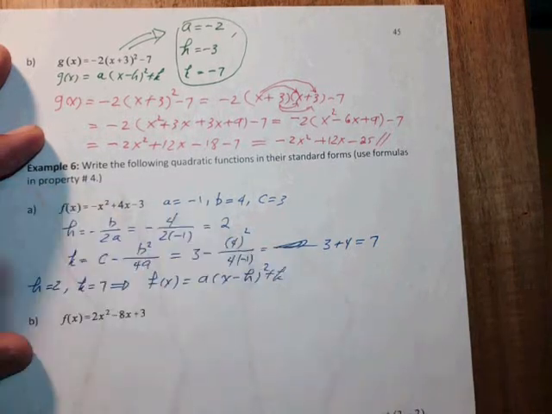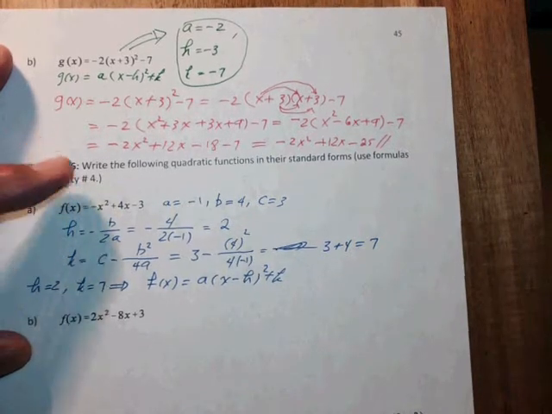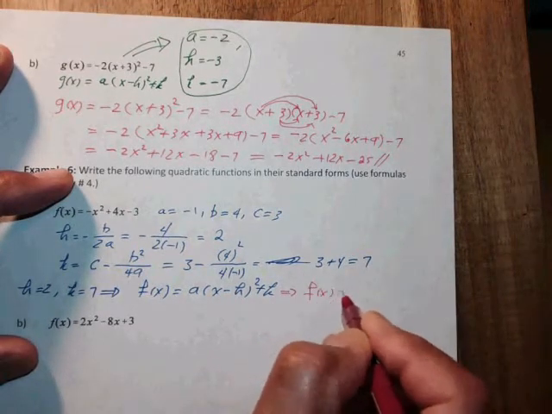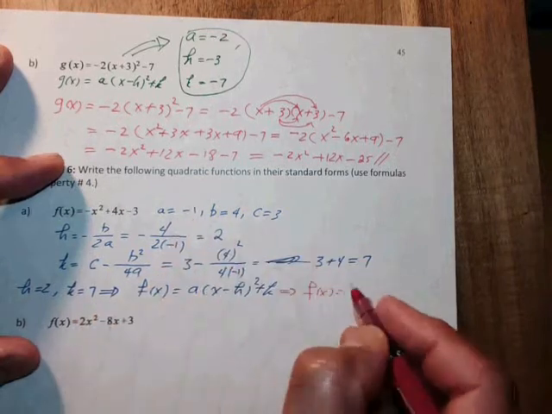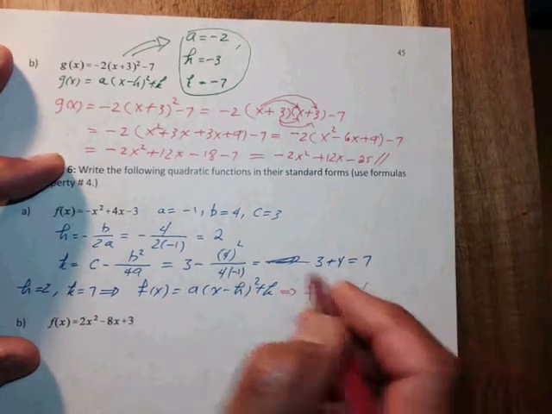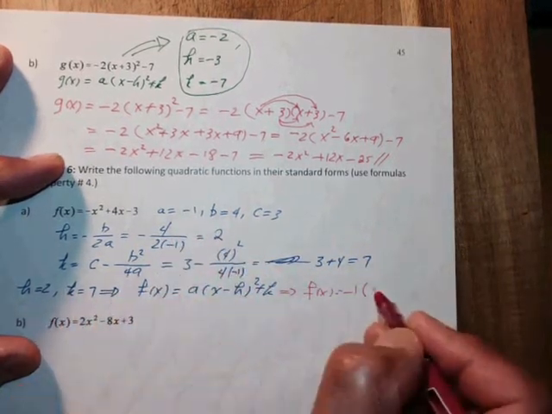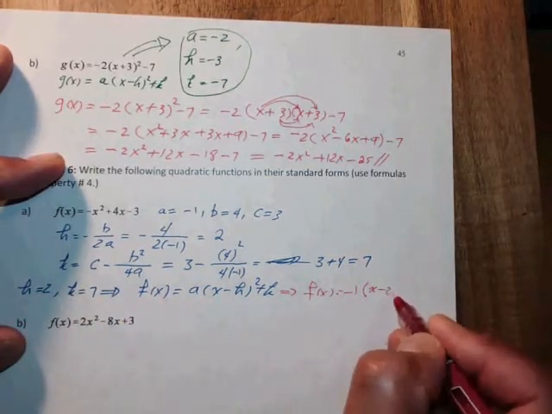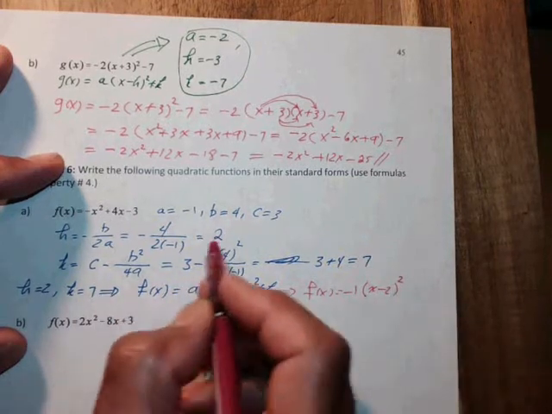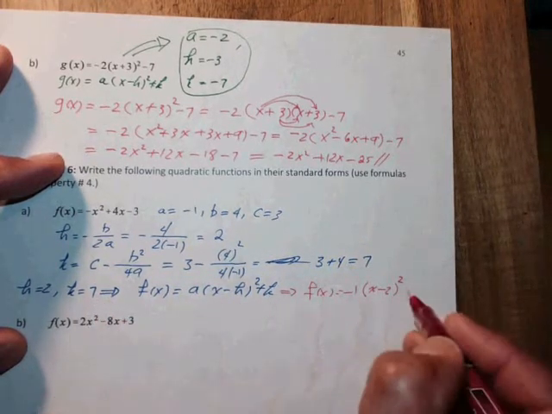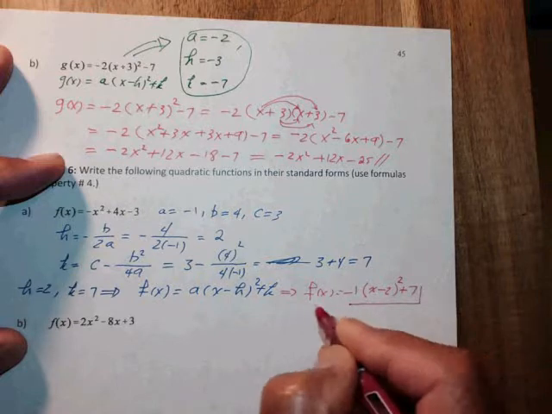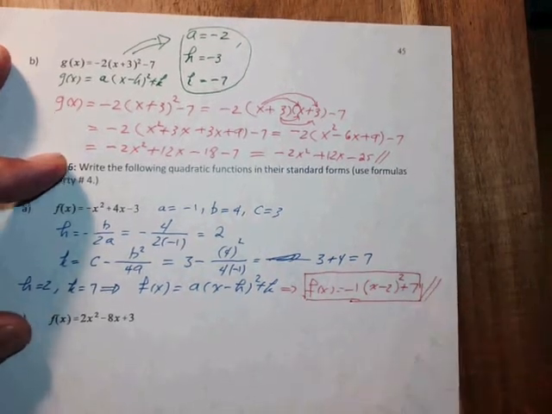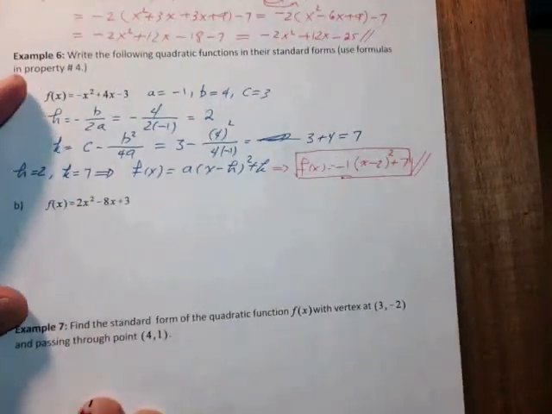This is the formula, so I can replace: a is negative 1 times x minus h, which is 2, squared plus k, which is 7. And that's the final product.